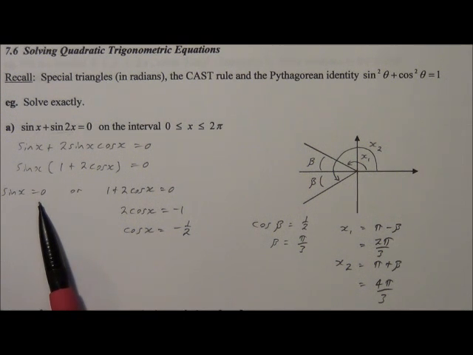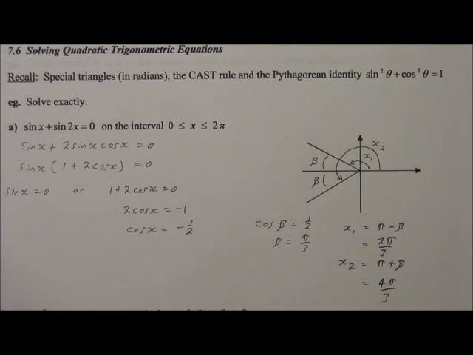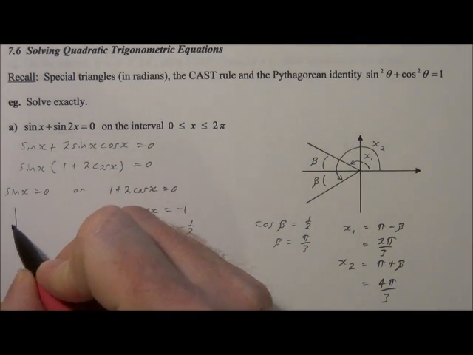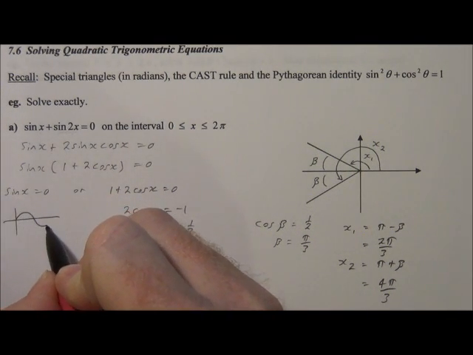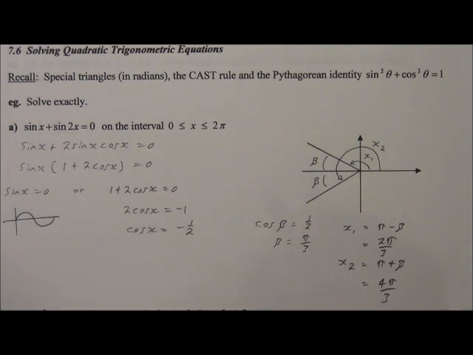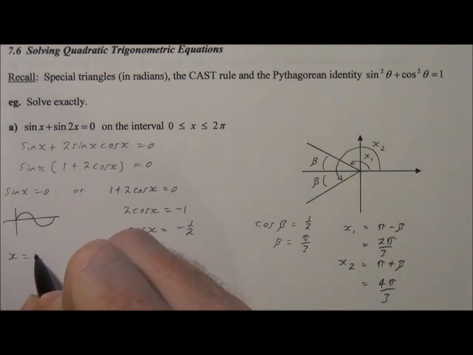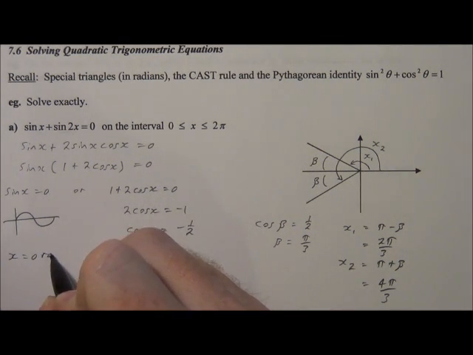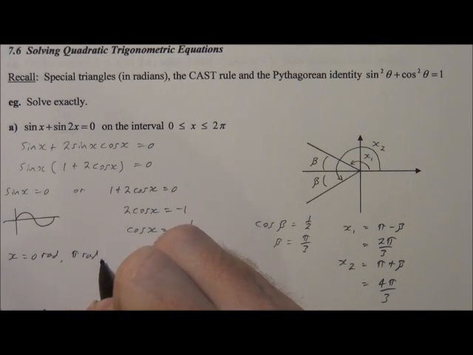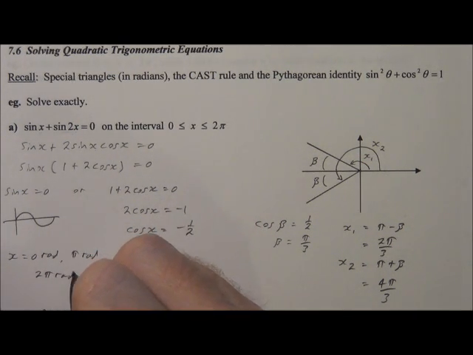Well, in this case, these special triangles won't help us too much, but what we can do is look at the sine curve. I'll just draw a quick little sketch of the sine curve here, from 0 to 2 pi. And we see that sine x is 0 at 0 radians, pi radians, and 2 pi radians.